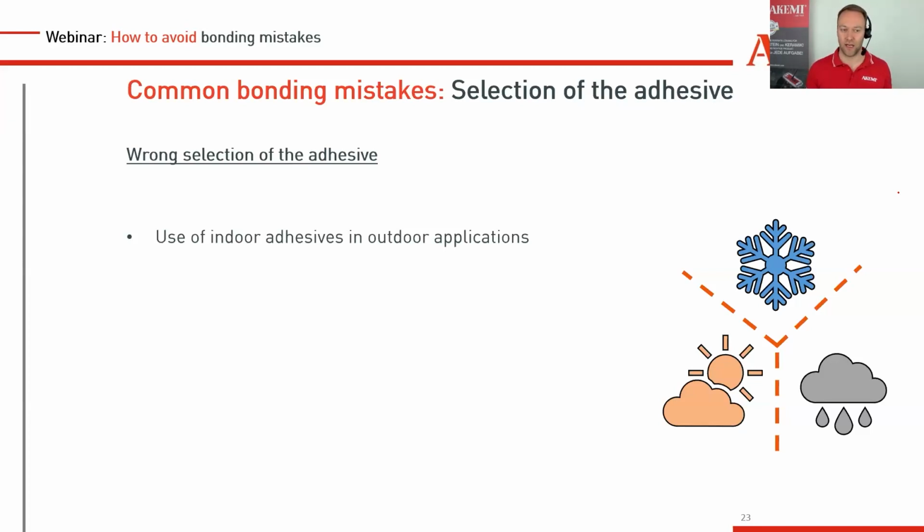For example, polyester for outdoor bonding in, let's say, a northern European area or Northern America, where you have a lot of frost-thaw changes.